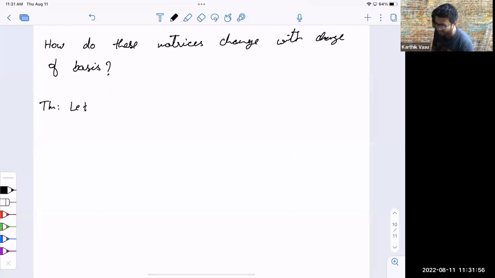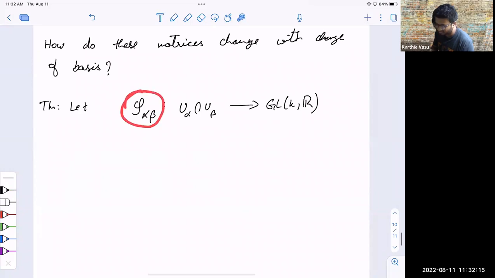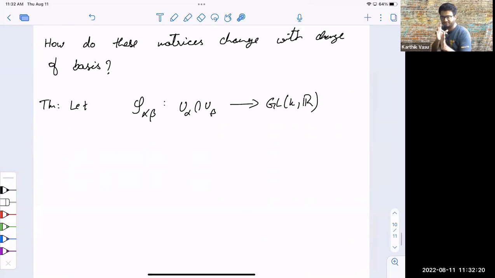So if I have a change of basis, which I had defined before, phi alpha beta going from U alpha intersection U beta to GL of k, this was in my alternate definition of a vector bundle. This is what is called a change of trivialization or transition map. It basically takes you from one open set to another. I'll just call it change of basis.